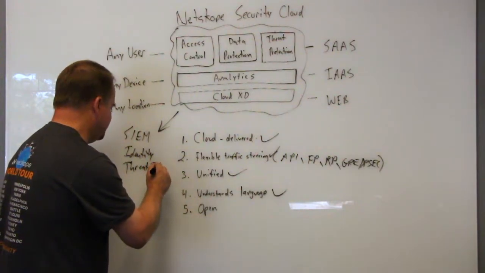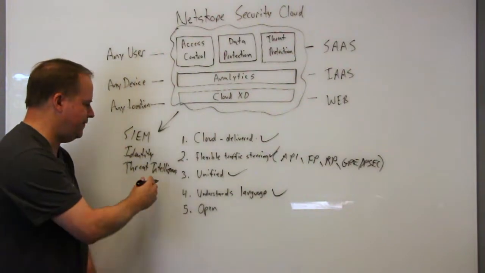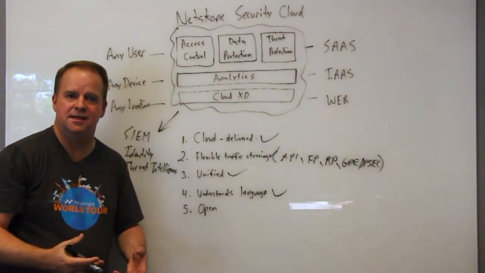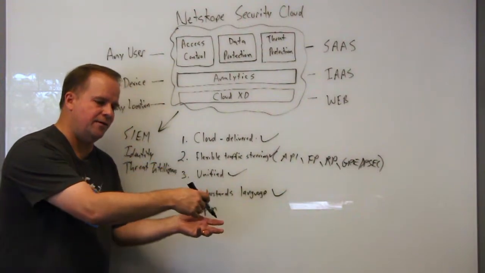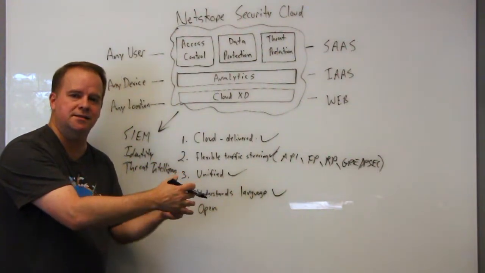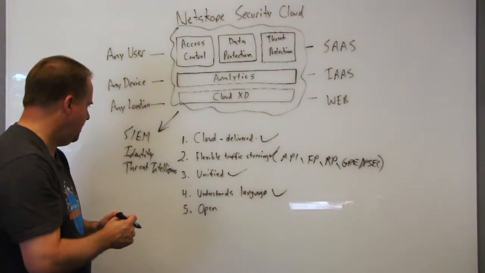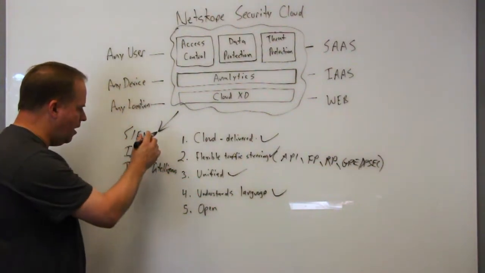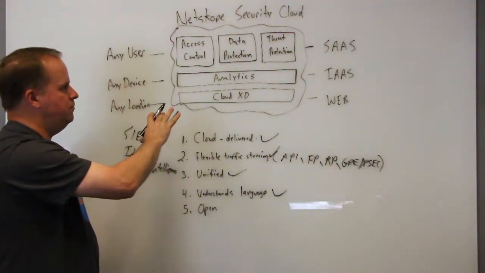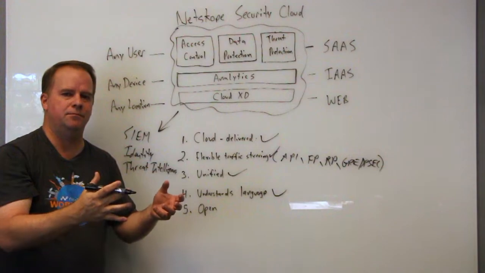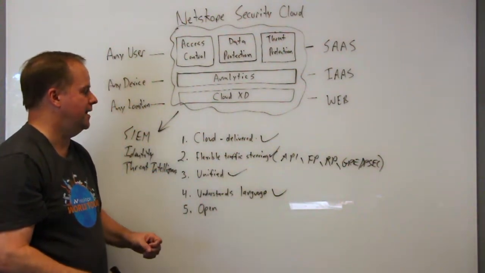So building this open lets you leverage your existing investment in threat intelligence systems, whether it's an EDR or simply bringing in threat intelligence feeds such as MD5 or SHA-256 hash lists. The list goes on and on here. The net is that this system was built from the ground up not to be a closed system, but really to be an open system that allows you to use it.